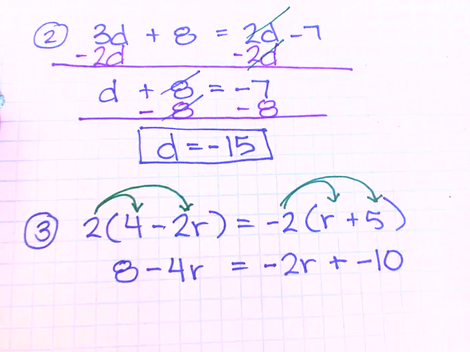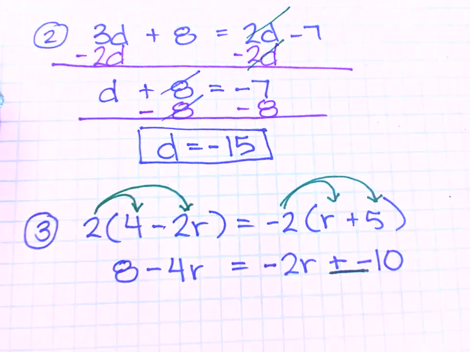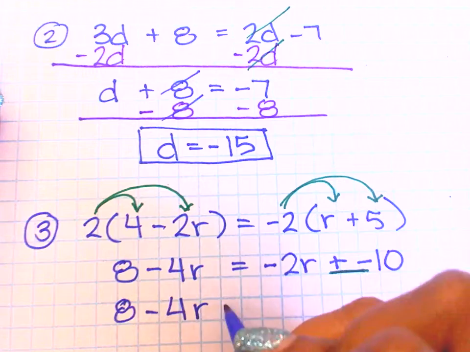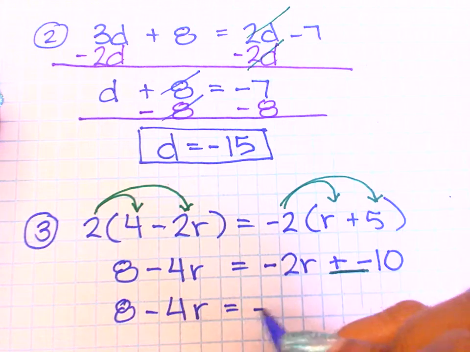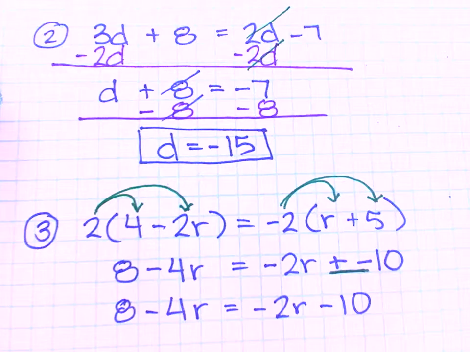Now I'm going to rewrite that because I can see right here that that's going to be negative. So I'm going to rewrite it. 8 minus 4r equals -2r minus 10. So you have to make sure you distribute that negative sign correctly.